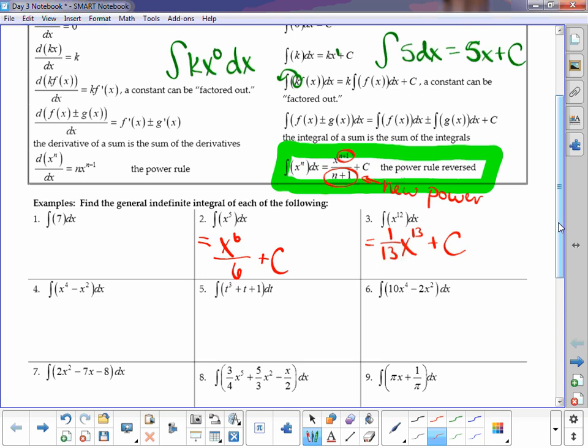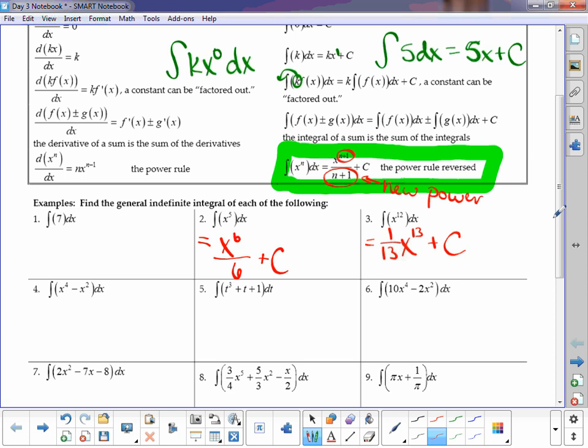So we have our power increases by 1, so it's x to the 13th. Divide by your new power, which is the same thing as multiplying by that 1 over 13. So you can write it like this or like that. Either way is fine. One's not necessarily preferable over another. Depending on your coefficients you're working with, one might be desirable. That's all there is to it.